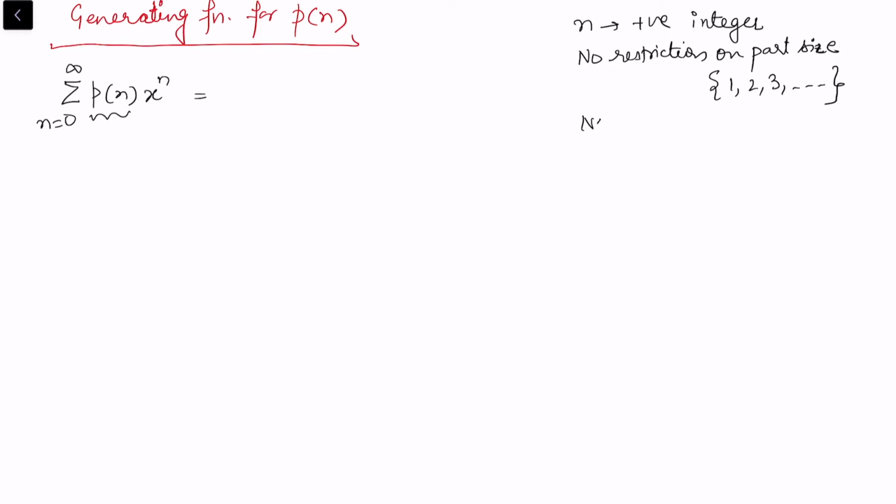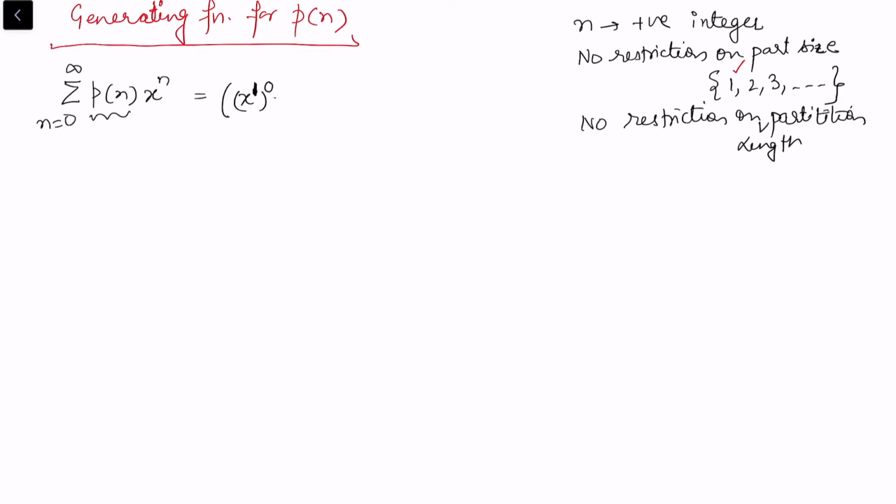And then there is no restriction on the length of the partition. Length means that you can write the partition into 2 parts or 3 parts or 4 parts and so on. So in this case, we can simply write again in a similar way as we did earlier. Suppose I consider the part 1, and this part can appear or it may not appear.